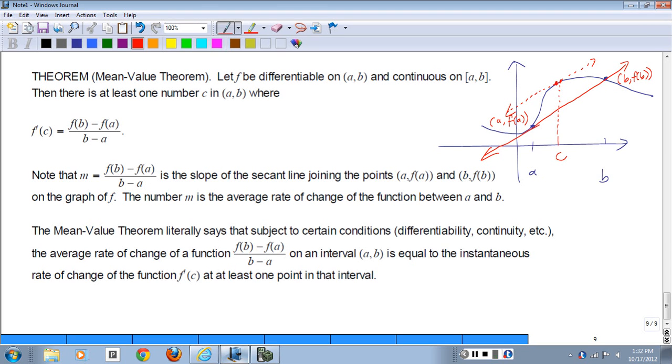So the mean value theorem literally says what? There's actually a number within the interior of that interval where the instantaneous rate of change is equal to the average rate of change on the interval.